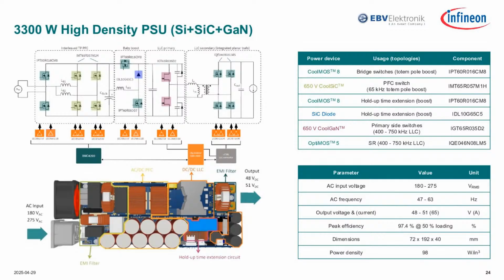But here we are not switching too fast. Usually, due to some EMI concern, designers set the switching frequency in this PFC stage at roughly 65 kilohertz, maybe some designs going up to 130 kilohertz. That is the limit because of the EMI requirement.